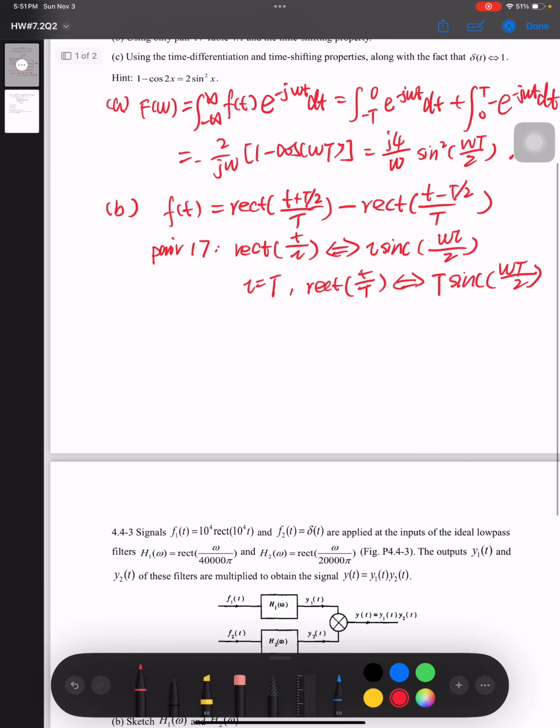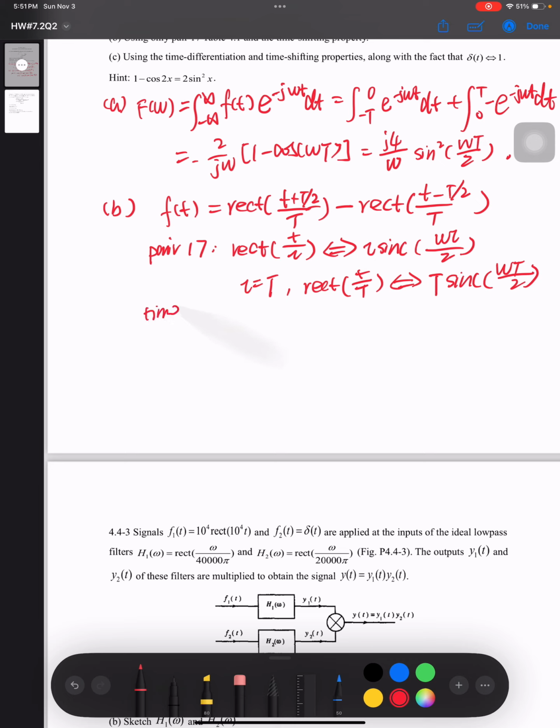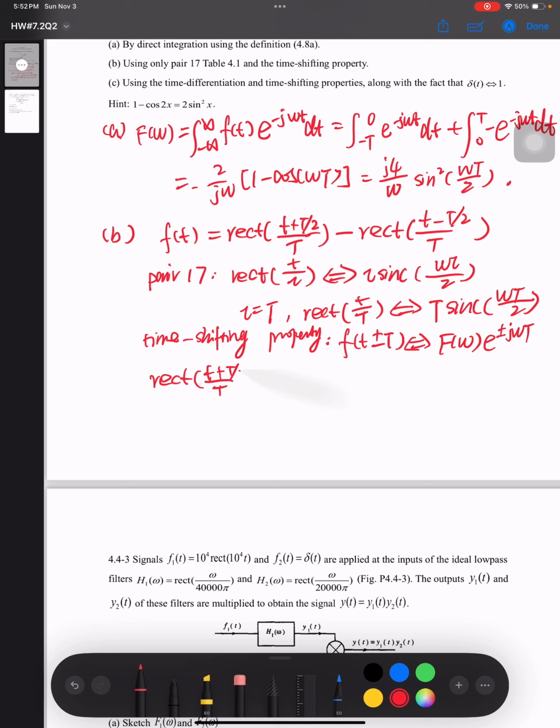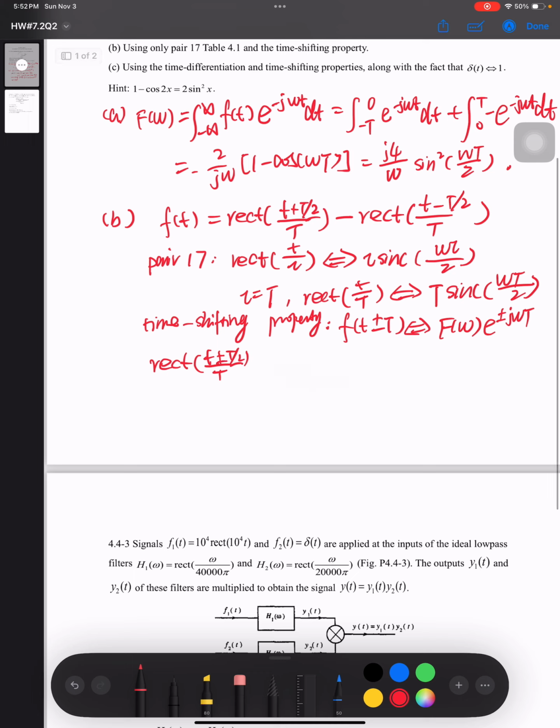And for the time shifting property, f(t plus or minus T) has Fourier transform F(omega) times e to the plus or minus j omega T. So for each rectangular function, the Fourier transform is T times sinc of omega T over 2 times e to the plus or minus j omega T over 2.